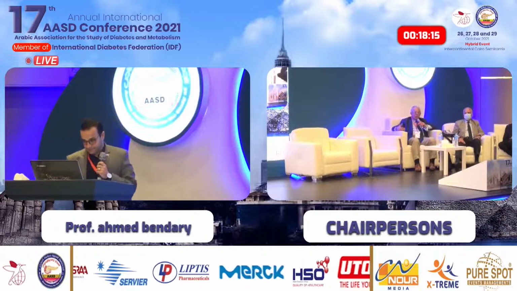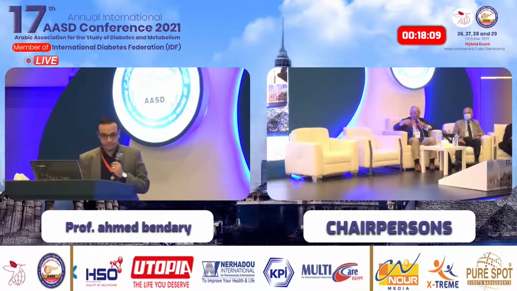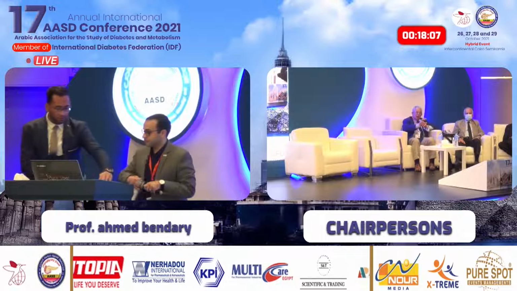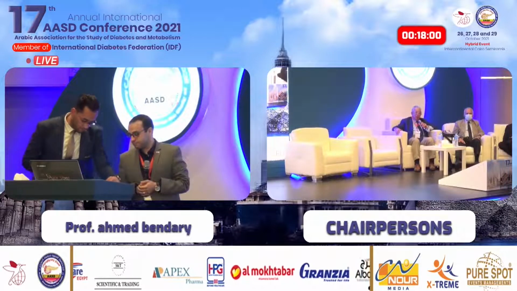What are the most important risk factors in Egyptian patients with acute coronary syndrome? What is the phenotype of our patient with ischemic heart disease and acute coronary syndrome? Professor Bendary is giving us insights from these projects regarding diabetic patients and the importance of looking at this very high risk category.